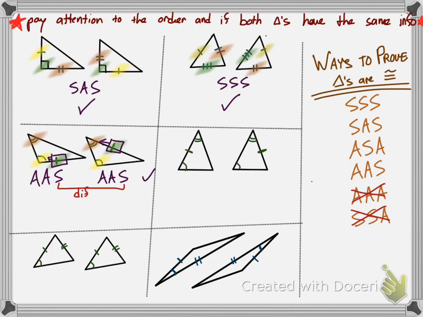Because they are in different positions, we are unable to use angle, angle, side at this time. All right, so we would simply put as our answer, not enough info.